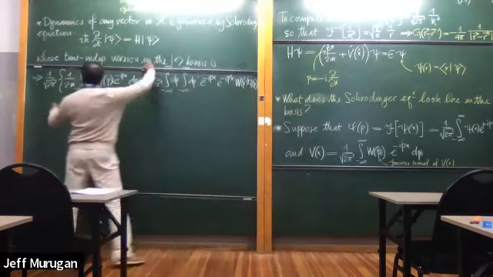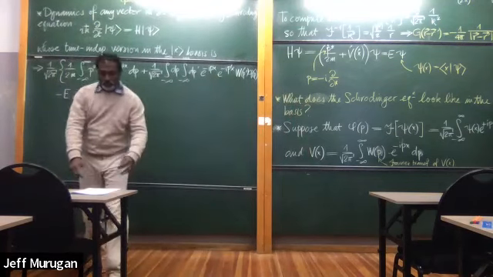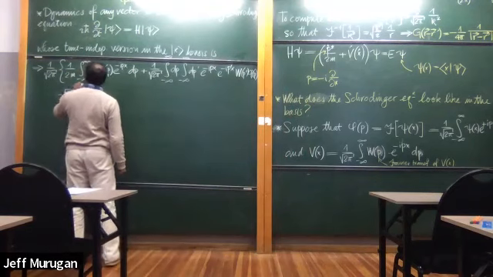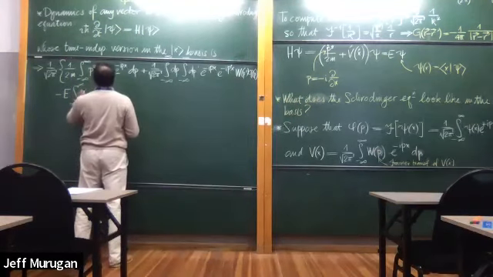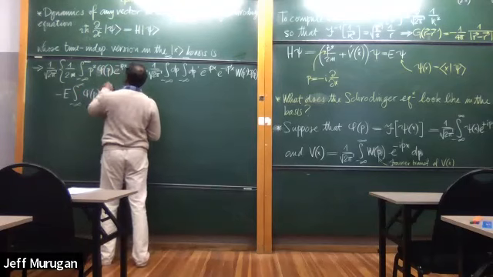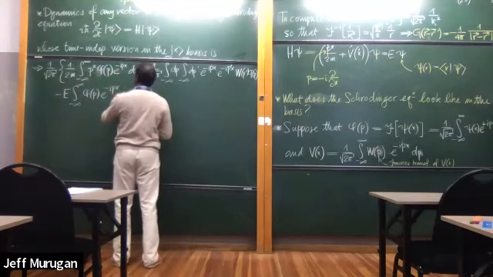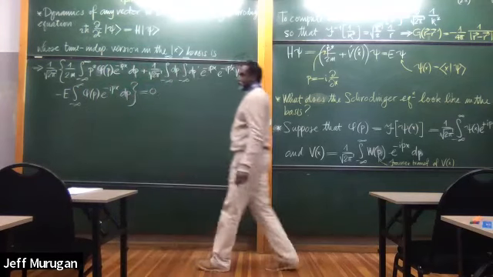And then finally, this minus e times the integral from minus infinity to infinity of phi of p e to the minus i p x dp, all of that is equal to 0.